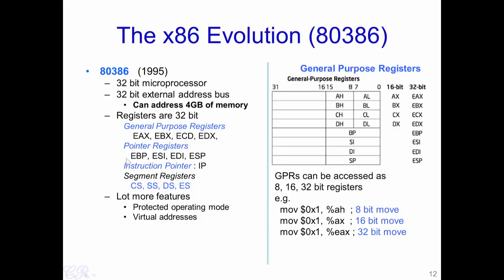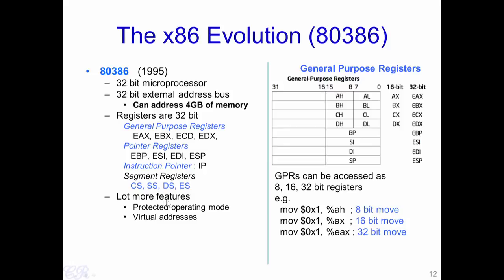Now, the same registers which were present in the 8088 are also present here, except that now they are extended from 16-bit to 32-bit, and because of this extension, the registers are called EAX, EBX, ECX, EDX, EBP, ESI, EDI and so on.